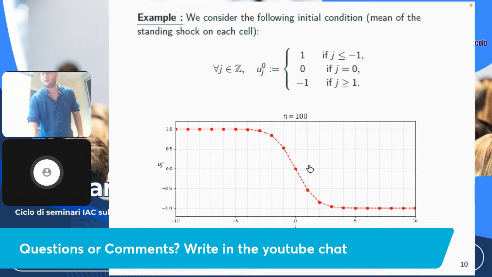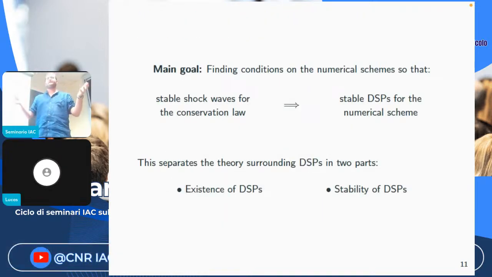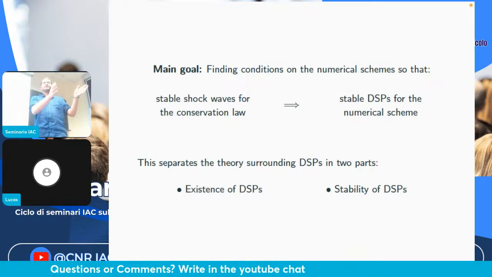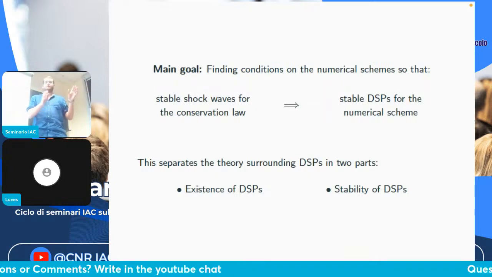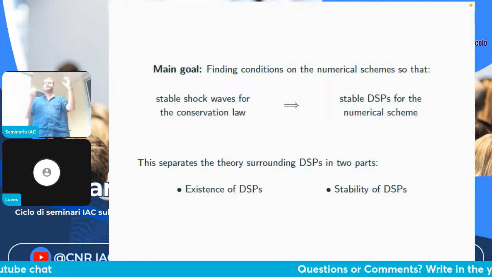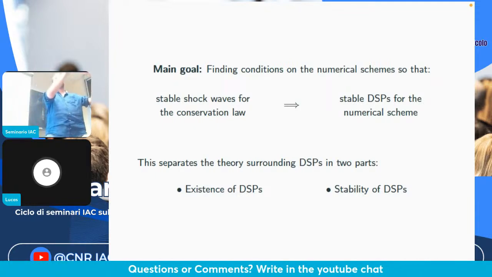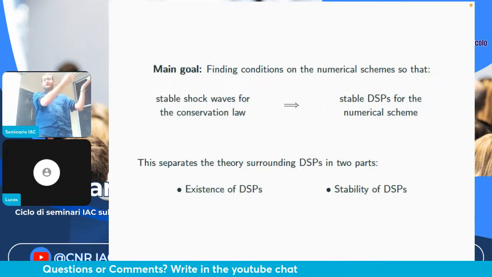So this is why this kind of object is observed, and essentially we hope to observe them. It creates some kind of heuristics that one would want to follow, which is that if you want a finite difference scheme to be able to capture discontinuities, you need to essentially prove that for each stable shock wave, each entropic shock wave of your conservation laws, you would want to have some stable discrete shock profile.